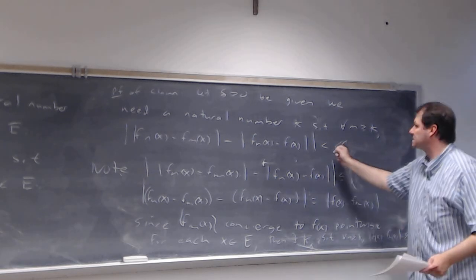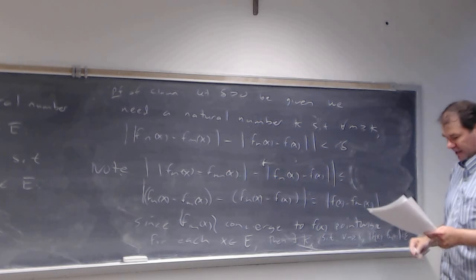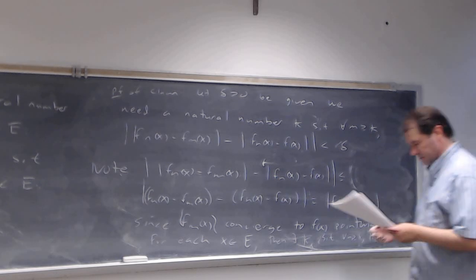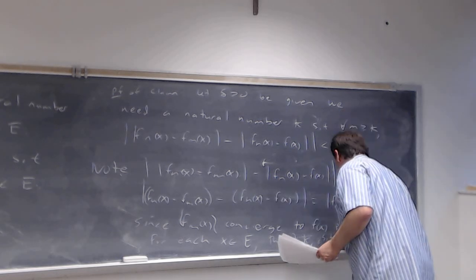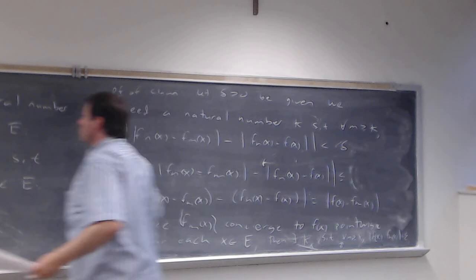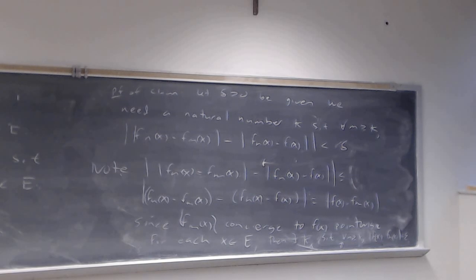And so that makes this quantity inside the norms less than epsilon. Okay? So that's the proof of the claim. And then finally, almost through.